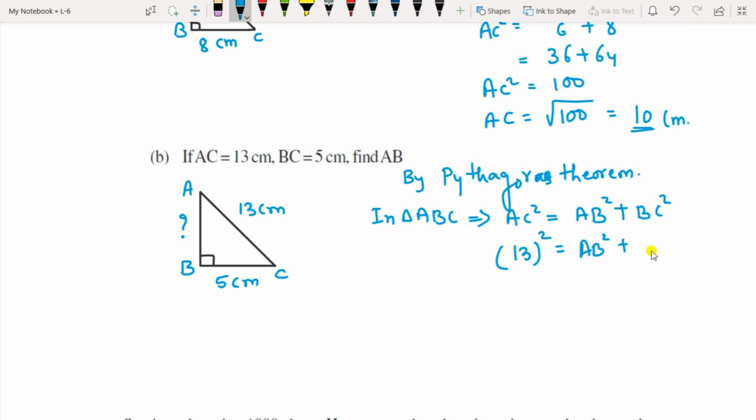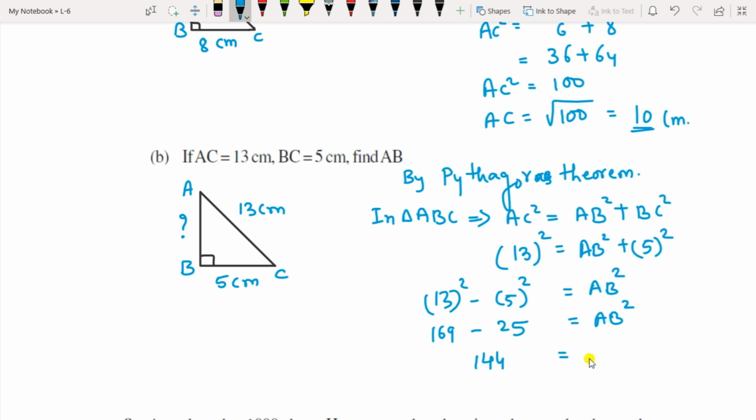And BC is given as 5, so 5 square. Now this 5 square will move to this side, so it will become minus. So this becomes 13 square minus 5 square, that remains AB square here. 13 square is 169 minus 5 square is 25. After subtracting, it becomes 144 equal to AB square.